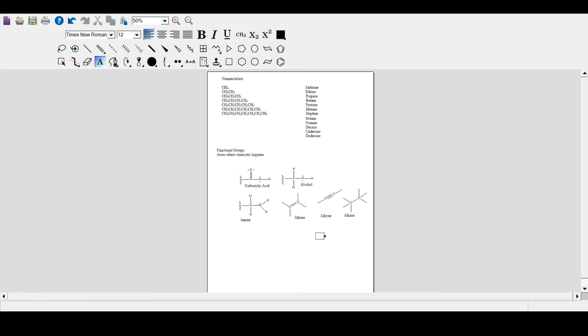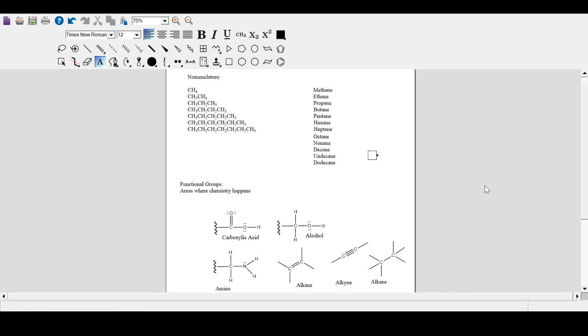So let me make that a little bit bigger. So anyway, here are your notes for today, and I basically just need you to memorize these things for class sometime next week. I'll probably actually be talking more about the naming and such on Monday after this one, so the Monday after MLK Day.